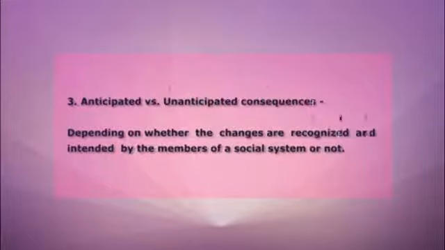The third point is the anticipated versus unanticipated consequences, depending on whether the changes are recognized and intended by the members of a social system or not. The undesirable, indirect, and unanticipated consequences of an innovation usually go together, as do the desirable, direct, and anticipated consequences.